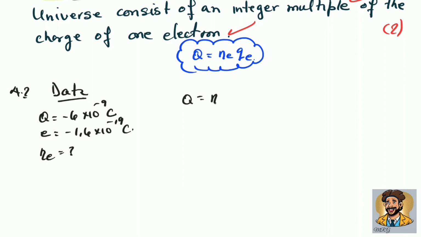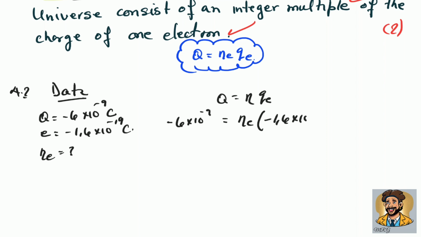Charge is equal to the number of electrons multiplied by the charge of one electron, and then you substitute. So this one is going to be minus 6 times 10 to the minus 9 is equal to the number of electrons, which is what we are looking for, multiplied by the charge of one electron, which is minus 1,6 times 10 to the minus 19.